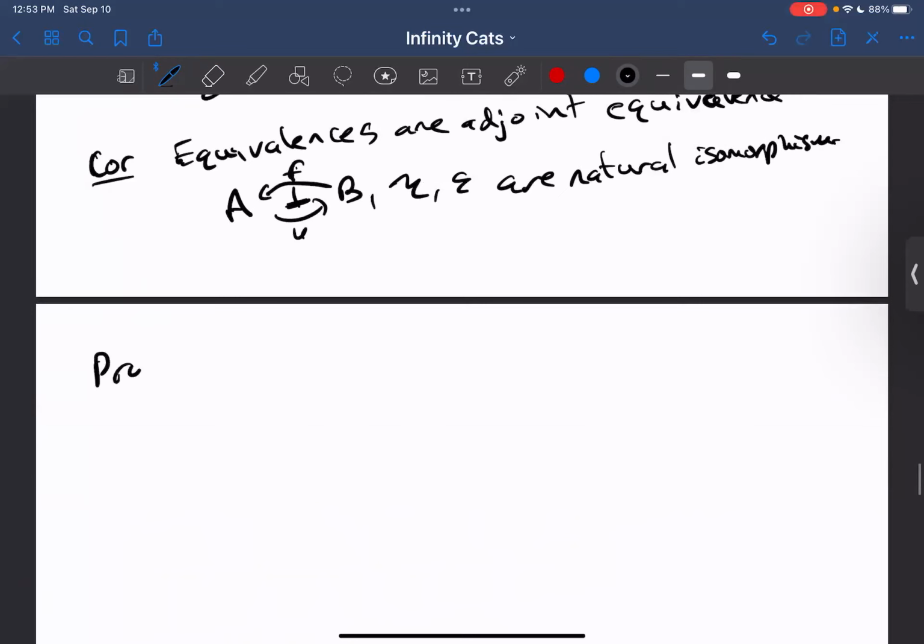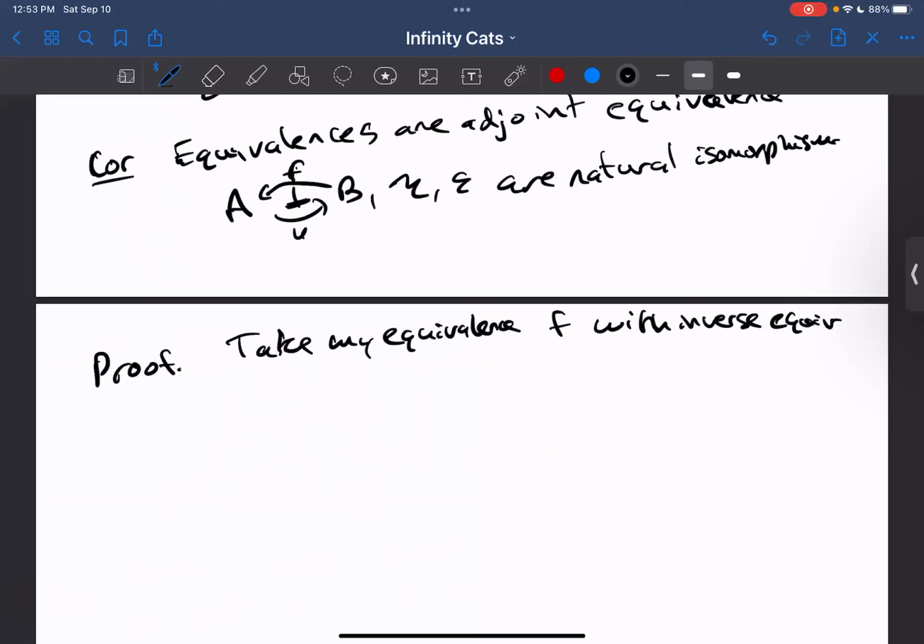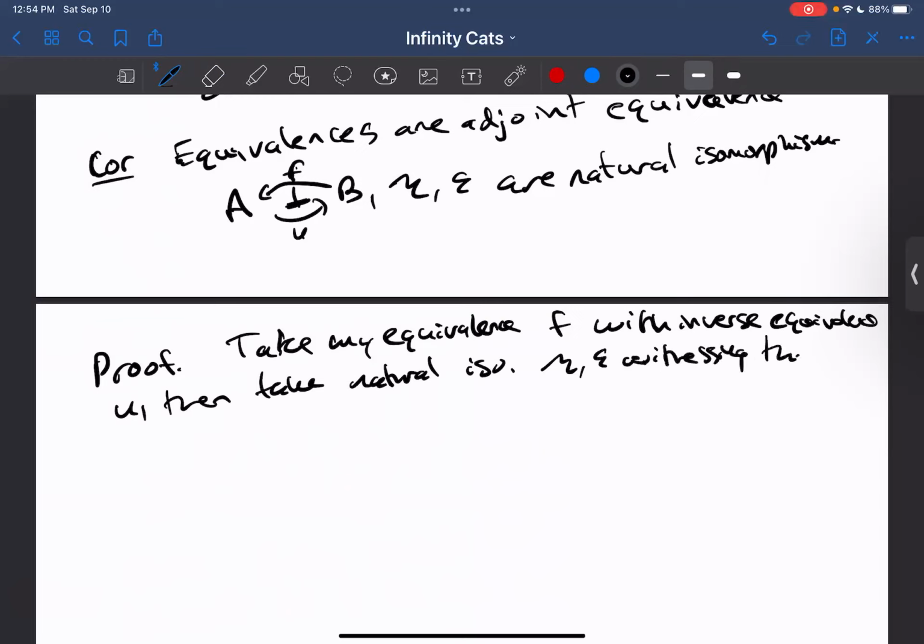And the proof is that we just take any equivalence, F with inverse equivalence U, then take natural isomorphisms, eta and epsilon witnessing this, and apply the theorem.